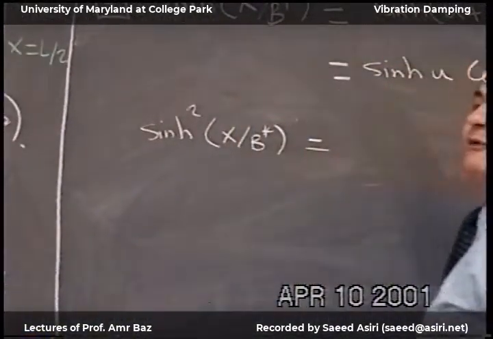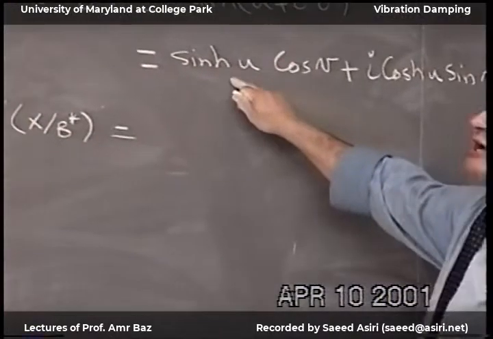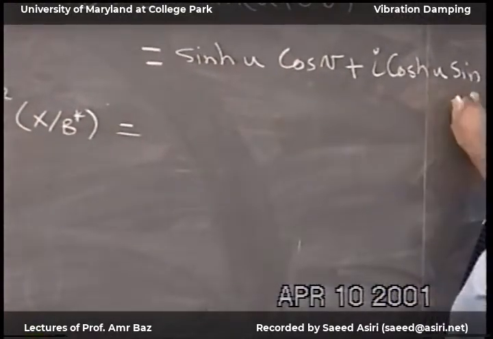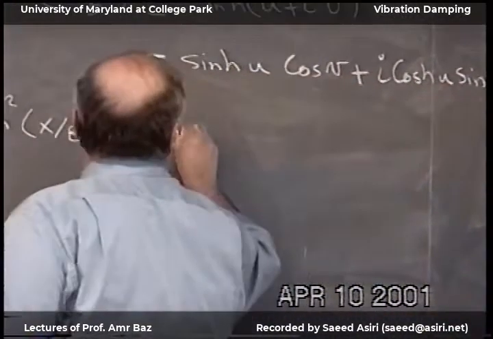So the complex number will disappear and will be sine squared cosine squared plus cosine squared sine squared.